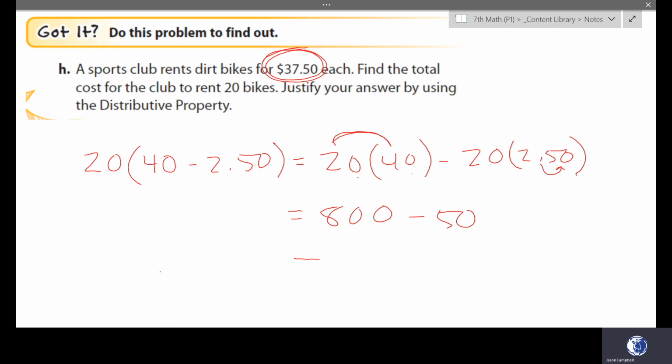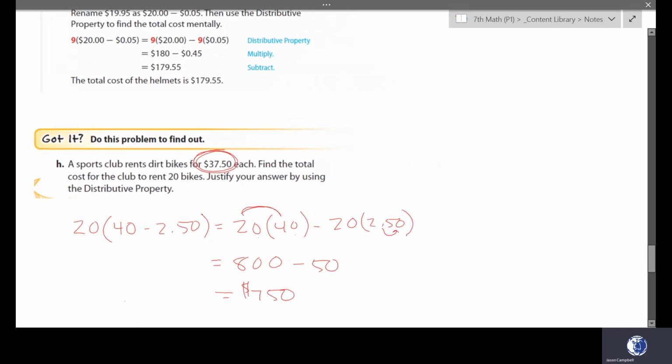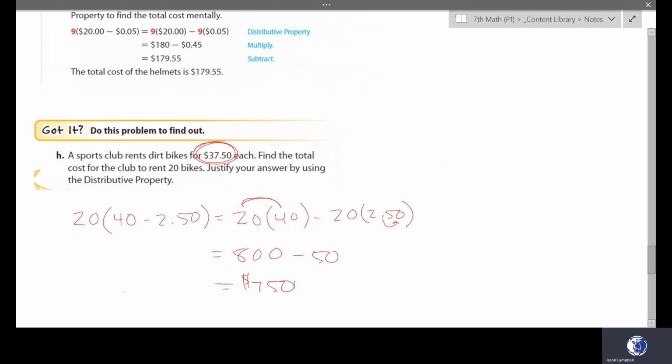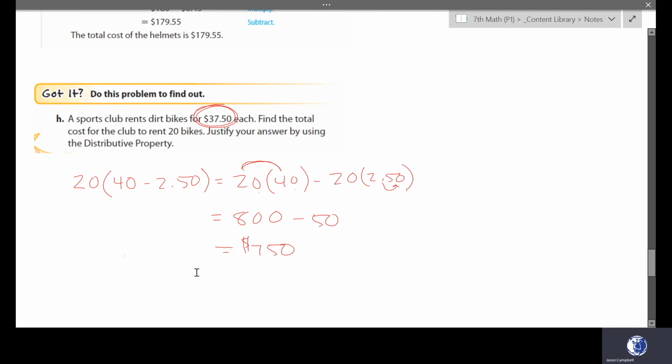So 800 subtract 50 is 750. We are talking about money. The total cost for the club to rent 20 bikes is $750.